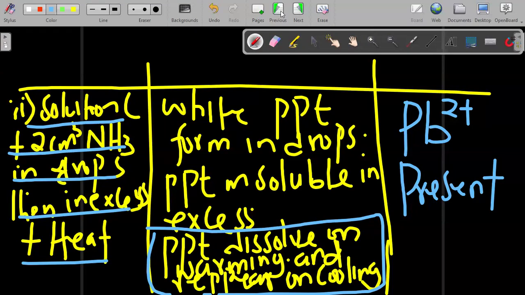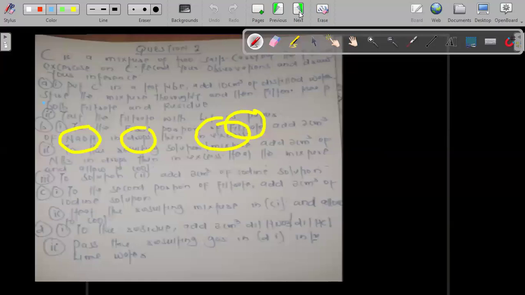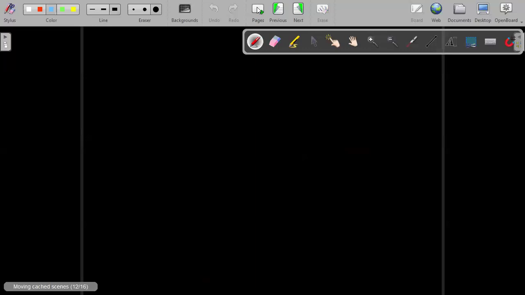So let's go to Roman numeral 3. Like I said, if they want to make the thing complex, you might see option 3. To the solution, add 2 cm cube of what? Iodine solution. So what are you going to have? Like I said, you should draw a table.